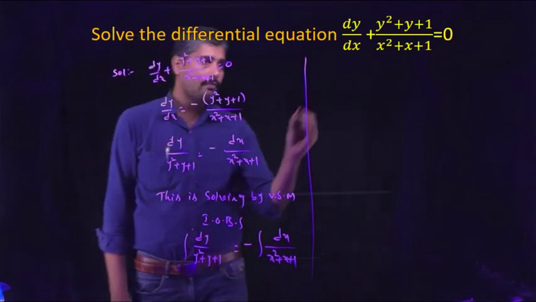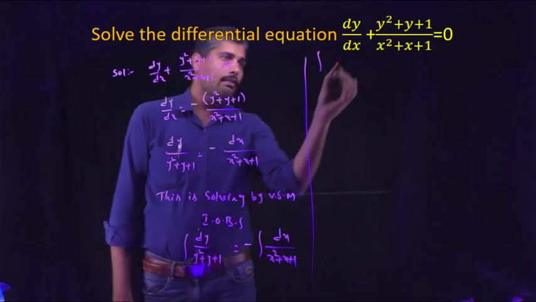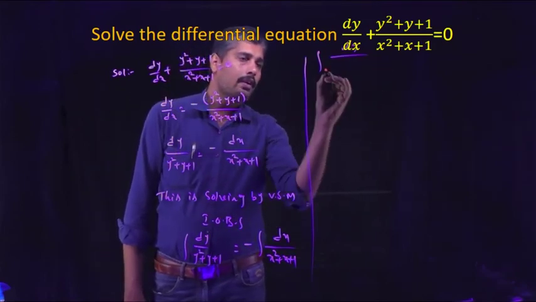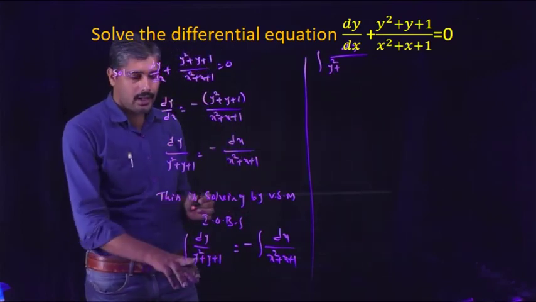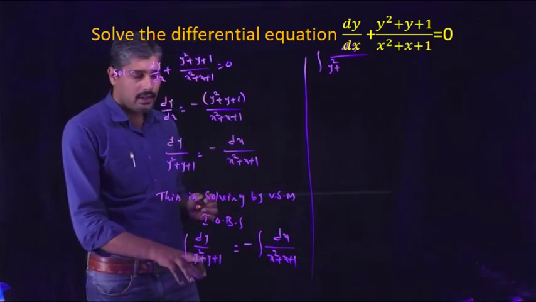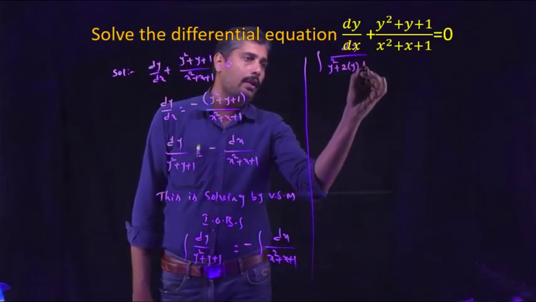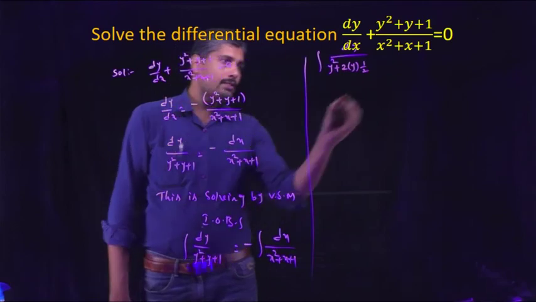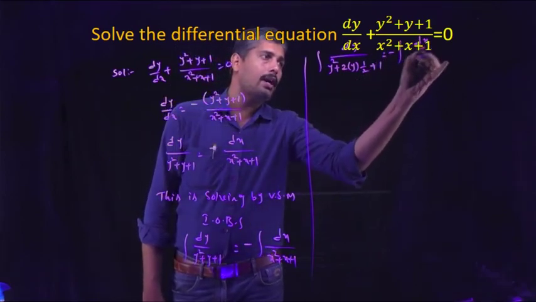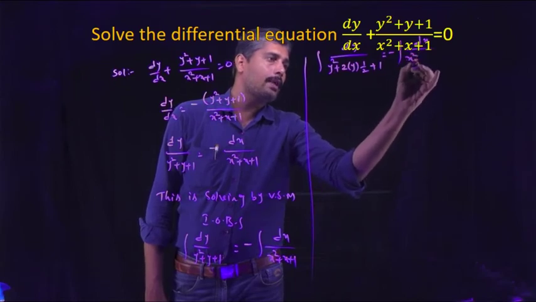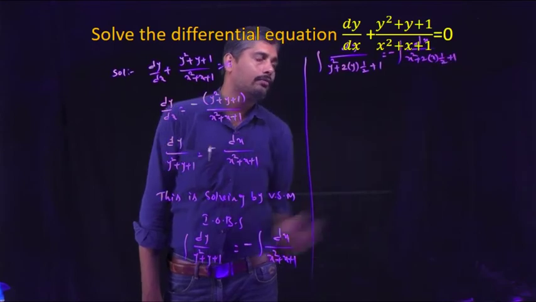That is integral dy by y square plus, using the (a plus b) whole square formula, 2 into y into 1 by 2 plus 1. Here also the same: integral dx by x square plus 2 into x into 1 by 2 plus 1.